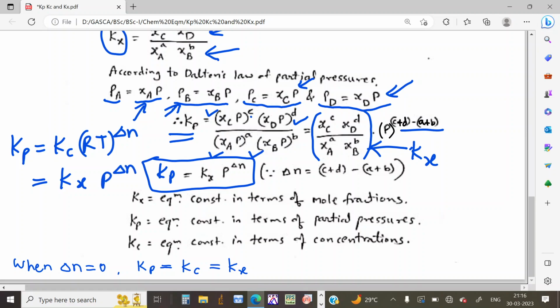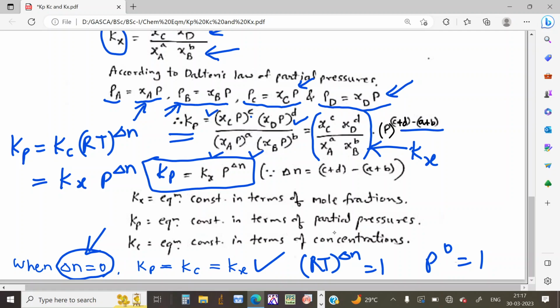And when delta n is equal to 0, RT raised to 0 becomes 1, so Kp is equal to Kc, and P raised to 0 becomes 1, so Kp is equal to Kx. So Kp is equal to Kc is equal to Kx when delta n is equal to 0, because RT raised to delta n raised to 0 becomes 1 and P raised to 0 also becomes 1. That's why Kp, Kc and Kx are the same.